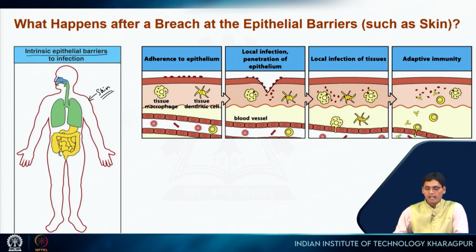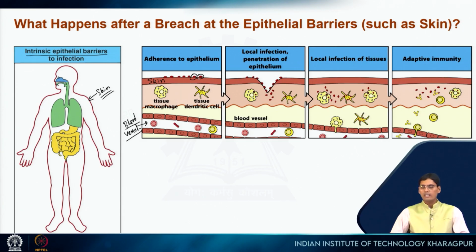If I say this is skin, just below the skin is the subcutaneous layer, and here is our blood vessel. Some bacteria, as you can see here, adhere to the epithelium. That means they adhere to the skin.